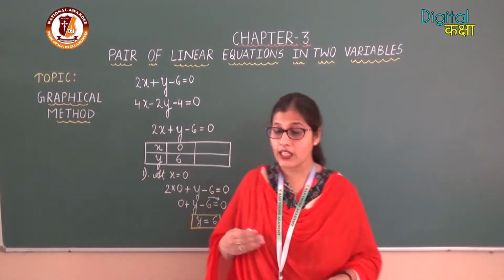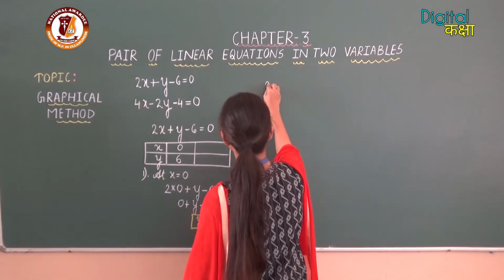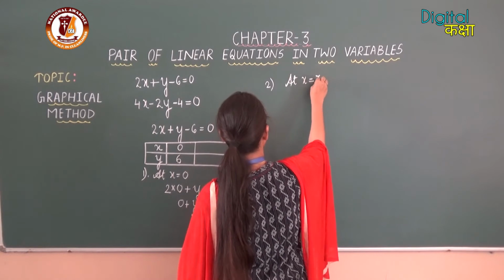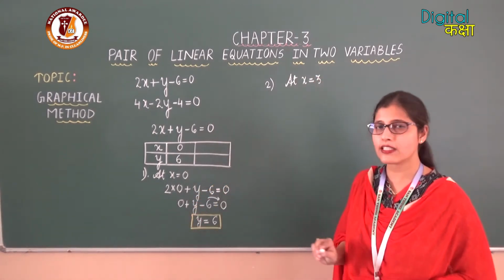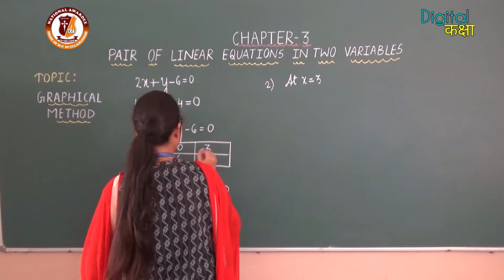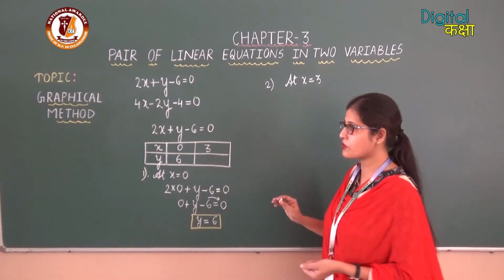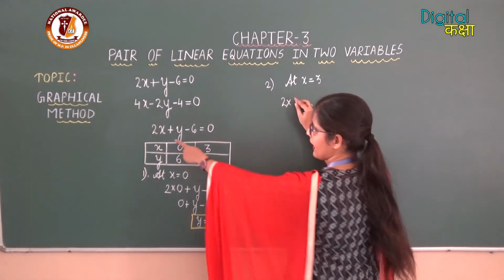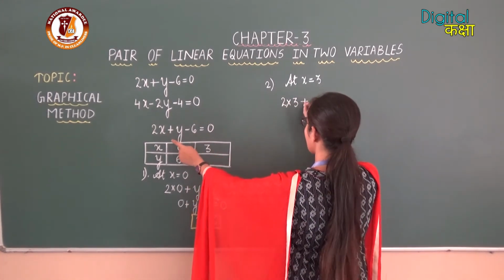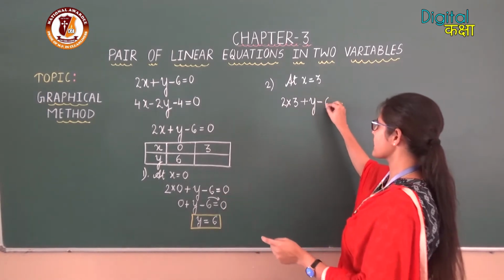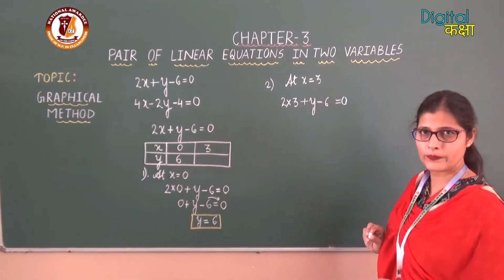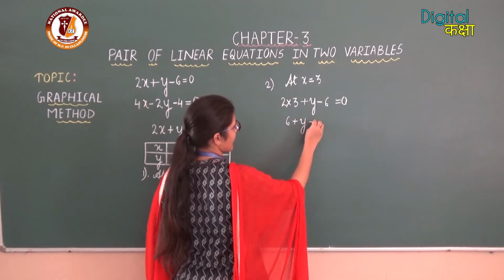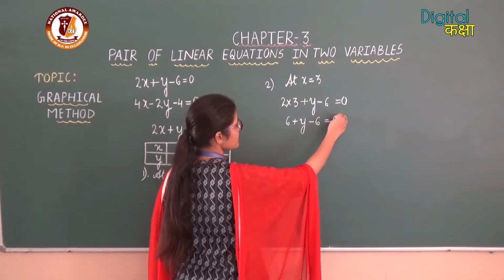Now, I'll be taking another value of x. So, let me take x equals 3. When I take the value of x as 3, I'll be substituting it in the first equation again. So, 2 multiplied by x, that means 2 into 3, plus y minus 6 equals 0. 2 into 3 will be 6, plus y minus 6 equals 0.